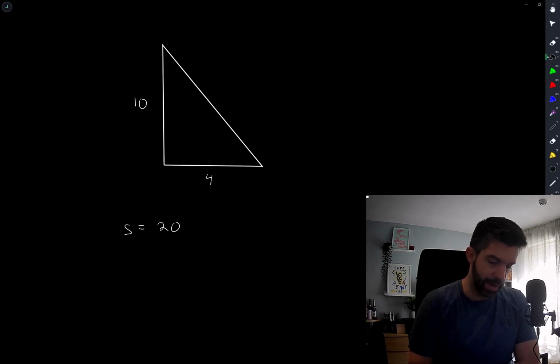The area of this is base times height over 2, which is 20. And this side length is root 116.